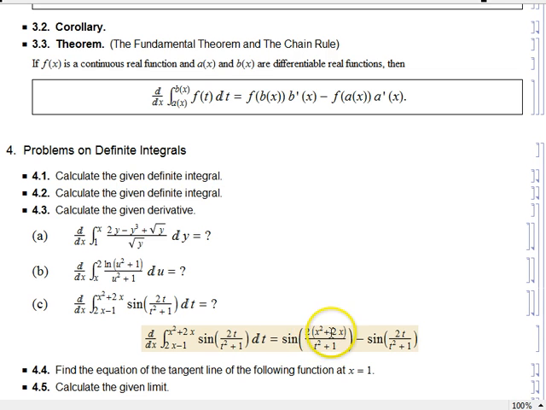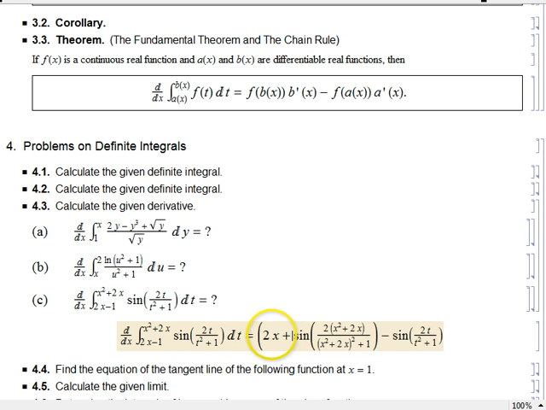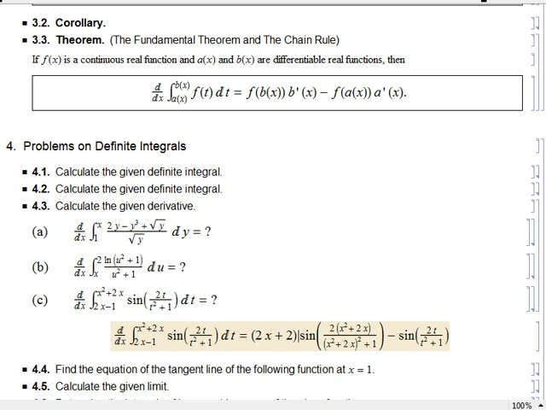Then I have to replace this x squared plus 2x in place of t downstairs as well, and so plugging in is complete. F of b of x is done. All I have to do is multiply the derivative of the inside. What is the derivative of x squared plus 2x? It's customary to multiply the simpler factor on the left-hand side, so I multiplied b prime of x on the left-hand side. So that concludes this one.